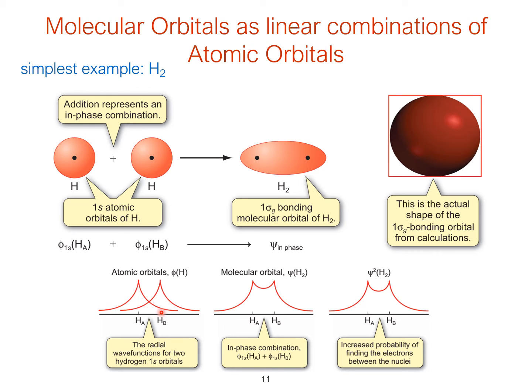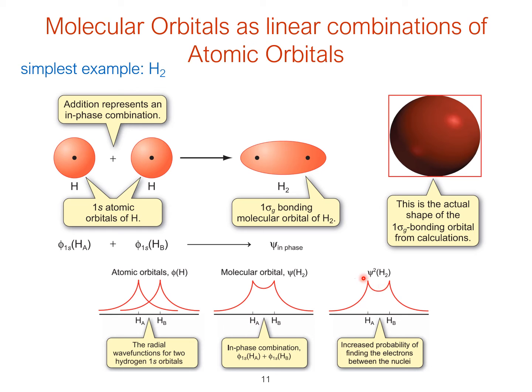Two atomic orbital wave functions of the two hydrogen atoms, and they're what's called in phase. They both have the same sign, and therefore we get constructive interference and a constructive combination, and we end up with this molecular orbital. And you remember that the square of the wave function is the probability of finding the electrons.